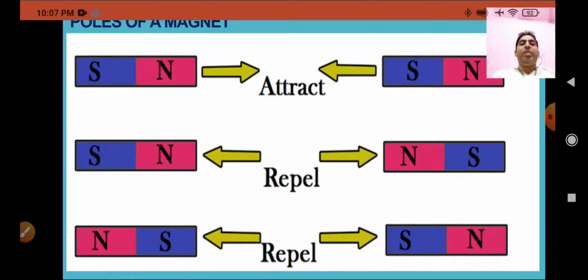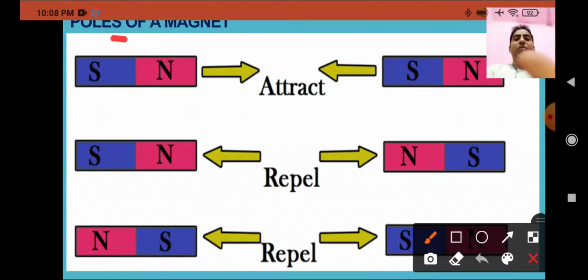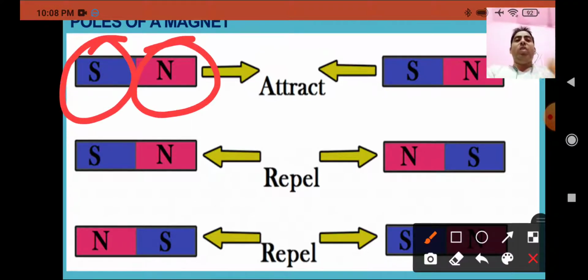When a bar magnet is dipped into a box of iron filings, what happens? The tiny bits of iron are observed to cling to the ends. Now you can see this magnet has two poles, that is south pole and north pole.